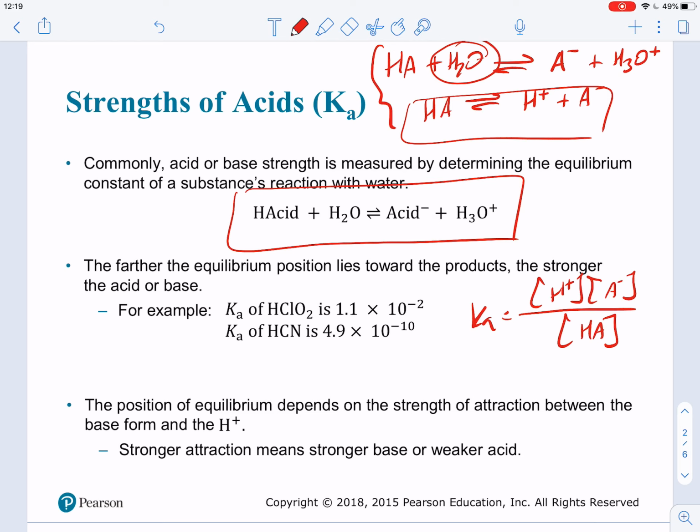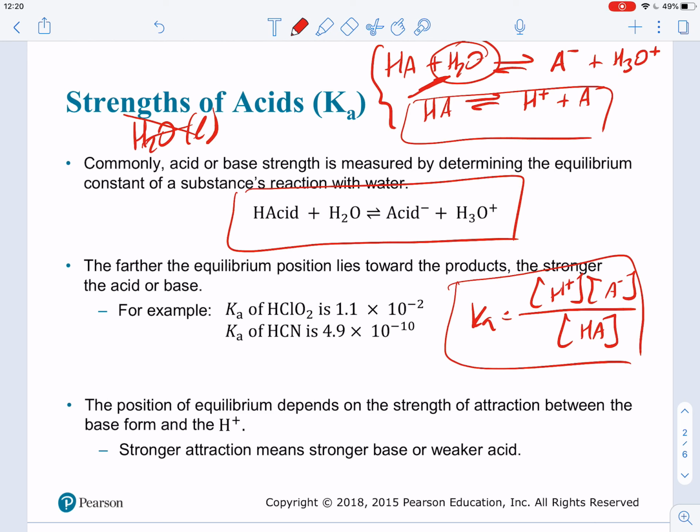Well, the good thing about this chemical equilibrium in the particular case of acids and bases is that the water is going to be water in the liquid form. And when you have pure liquids or pure solids, then they do not participate in the expression of the equilibrium constant. So we can forget about the water when we write those equilibrium constants.